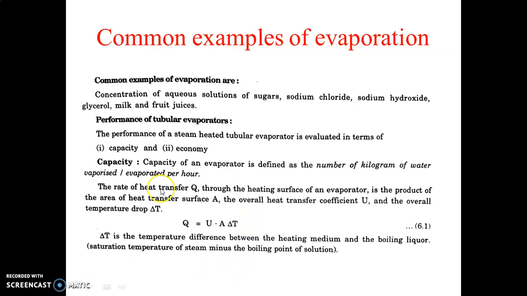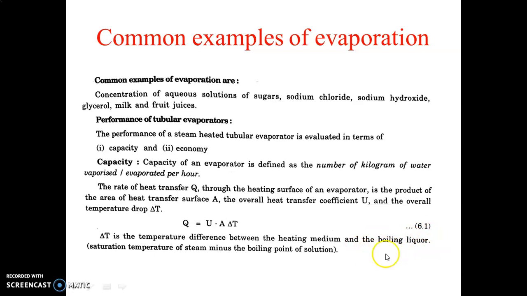And the rate of heat transfer, that is Q. How can we calculate it in the evaporator? Here the formula is given: Q is equal to UA delta T, where U is the overall heat transfer coefficient, A is the heat transfer surface area, and delta T is the temperature difference between the heating medium and the boiling liquor.